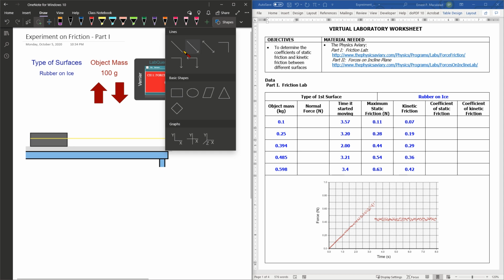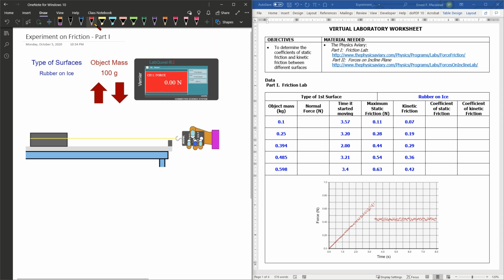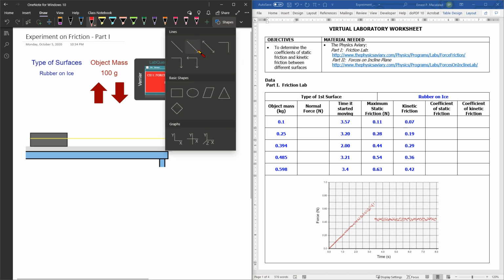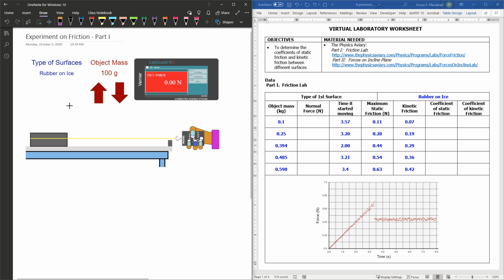In this case, we need to identify the forces acting on this object. So here there are three forces acting on the object. Number one would be, of course, the normal force. This normal force would always be perpendicular to the surface and it is acted on our object.